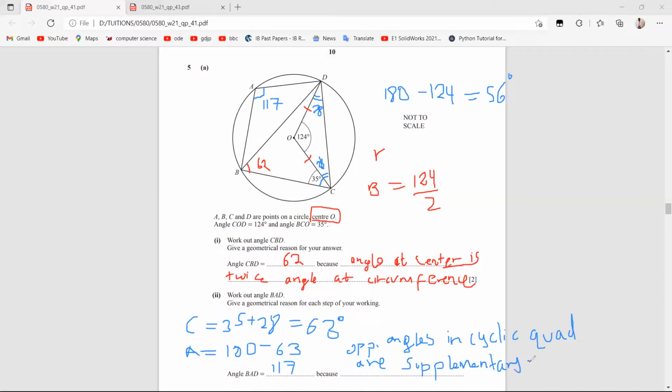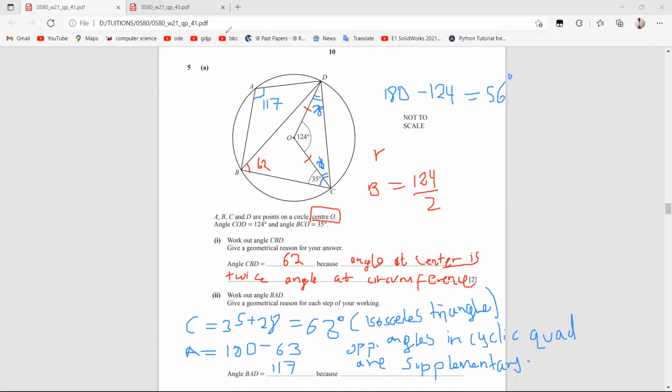And the first answer there, 63, you were able to get it using which reason? Base angles of isosceles triangle, okay? So we use the knowledge of isosceles triangle to get angle C. So once you give an angle together with the reason for your answer, you'll be able to get all the 2 marks, all right? Let's look at another question.